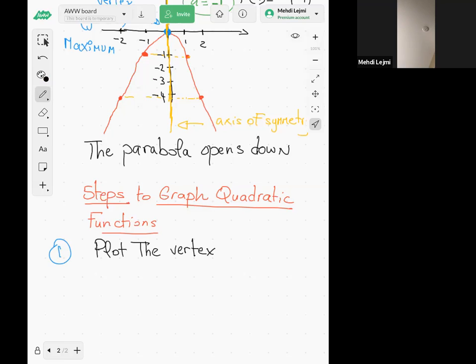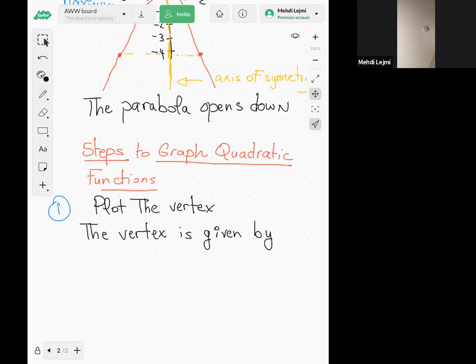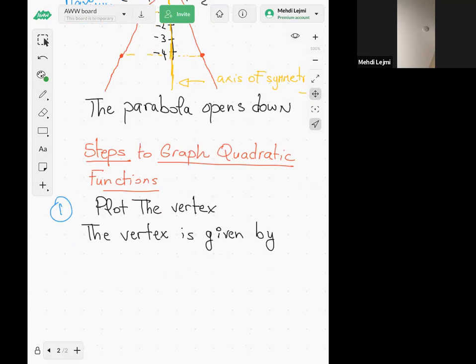Okay, so now the coordinates of the vertex are the following. So here's the formula for the vertex. The x coordinate would be minus b over 2a, right?